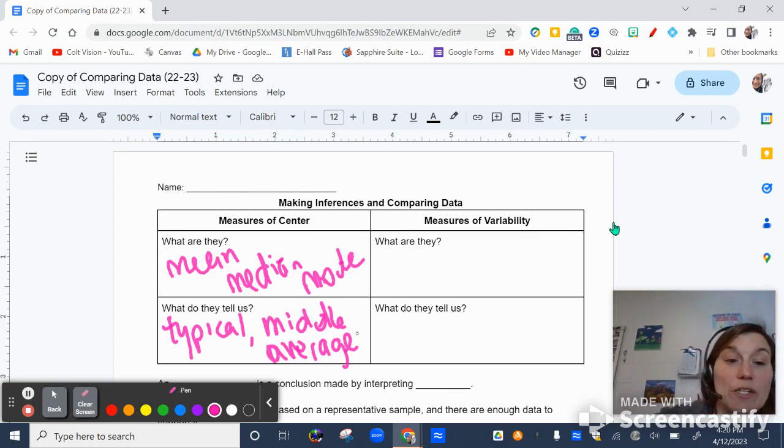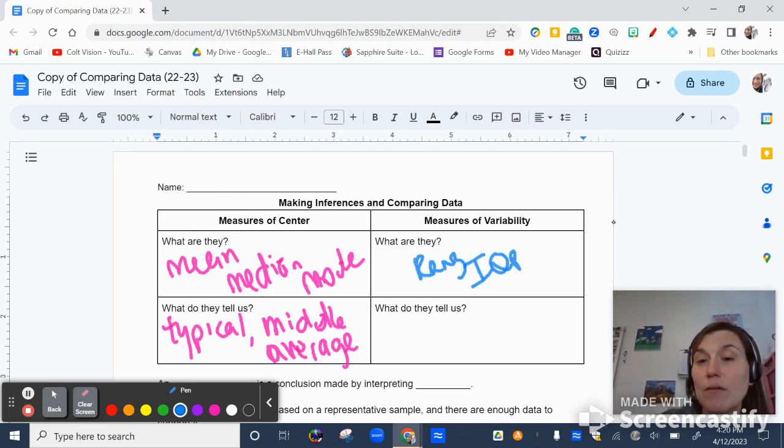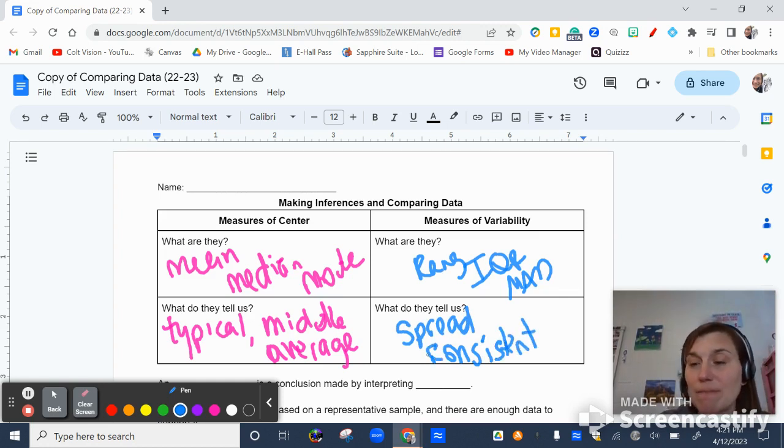We're going to look at our variability. Our variability is things like range, IQR, MAD, if you know how to do it. And that's going to tell us how spread out the data is. If it's spread out, if it's consistent, if it varies, like how consistent is it?